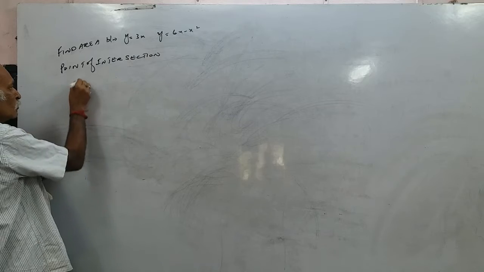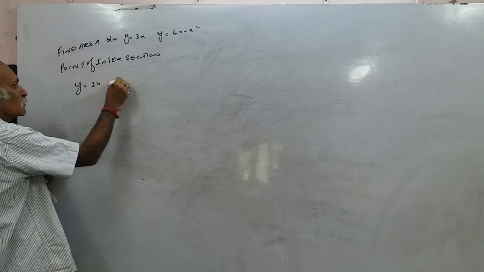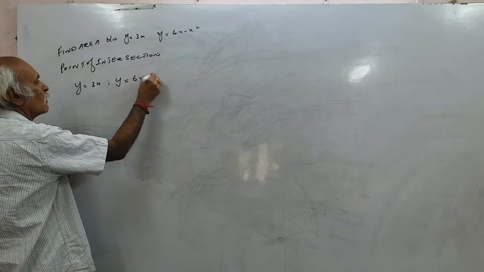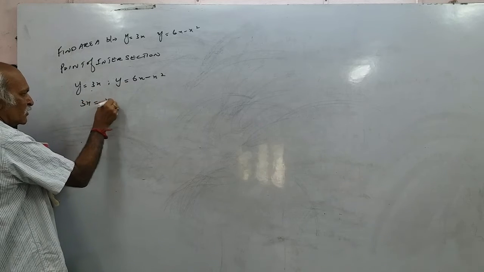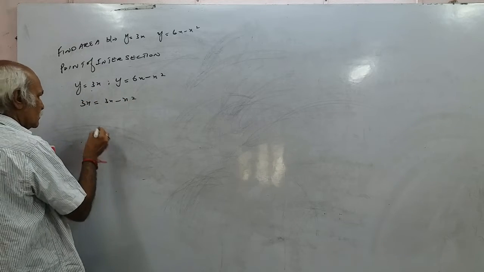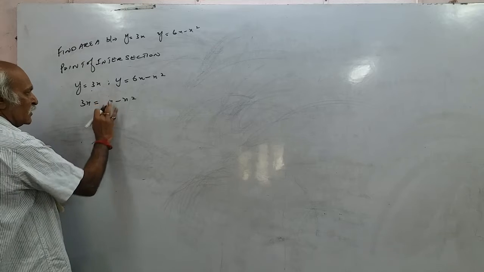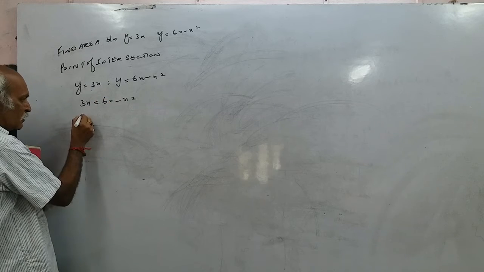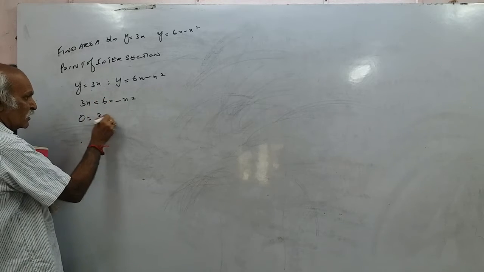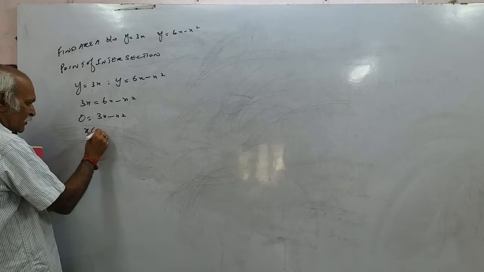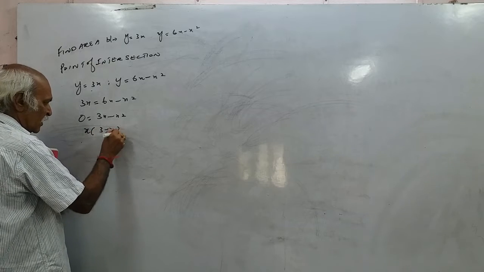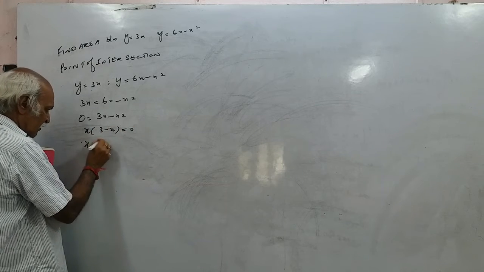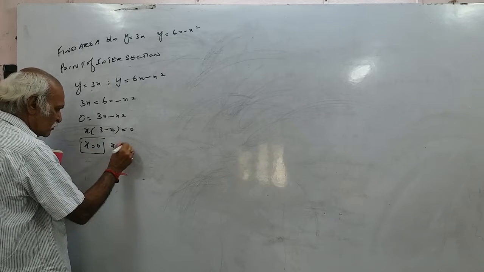Right? So again we'll write here 3x is equal to 6x minus x square. So bring it here, so 0 is equal to 3x minus x square, or x common, x into 3 minus x is equal to 0. X is equal to 0 or x is equal to 3.